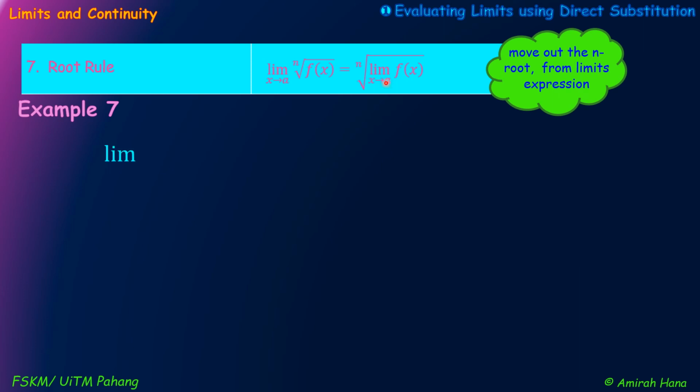For example, if we have limit x approaches 2 of the cubic root of 4x, if we use direct substitution, we can replace 2 into variable x here. So we get cubic root of 4 times 2.